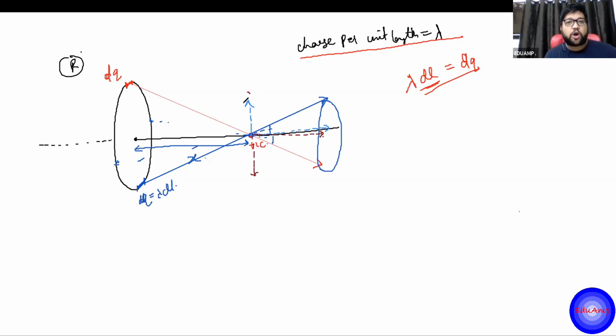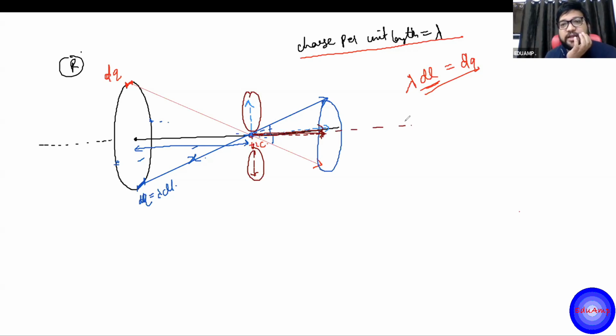So all these y components will cancel each other. In the y direction, the forces will be cancelled. I hope you are getting it. Only the x components of the forces we have to add.